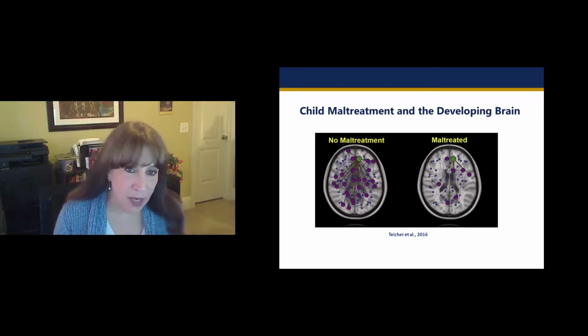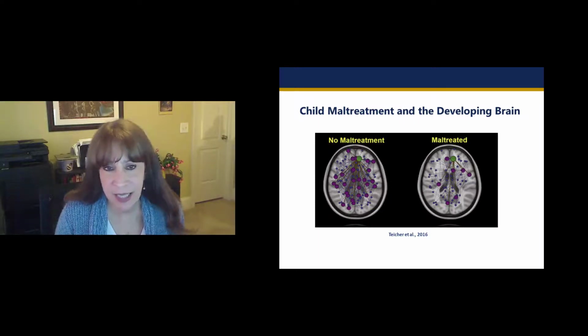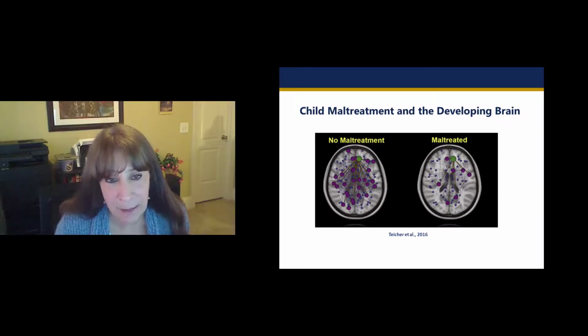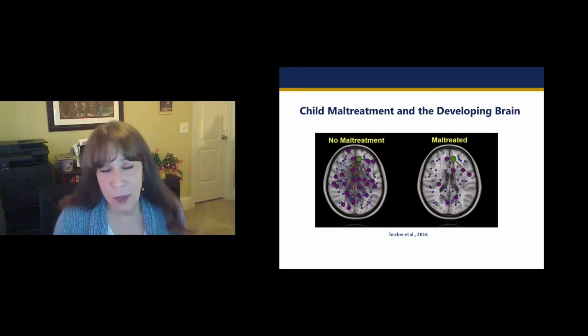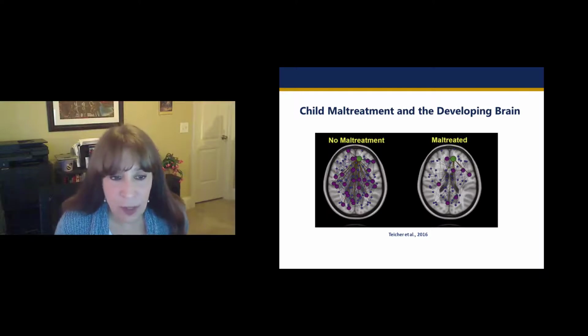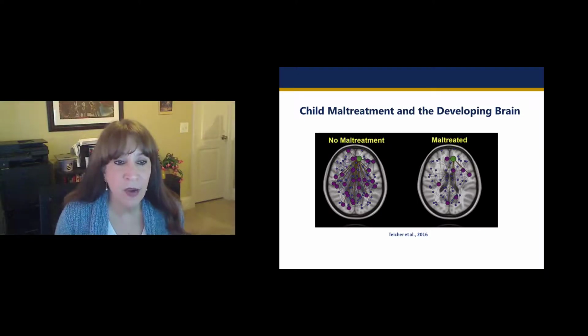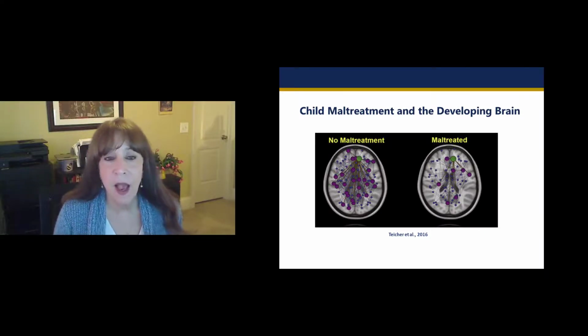Quickly. These are also aggregated images. So there's a number of children in each of these scans, and they are imaged to show the extent to which the brain is connected. Those children that have no maltreatment show that they are very, very well connected. And you can see the green is connected throughout the brain. So the green is the front of the brain.